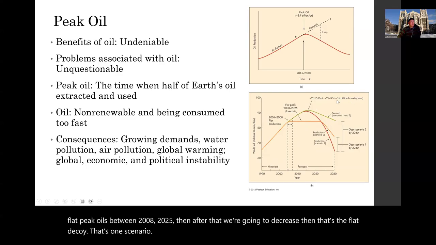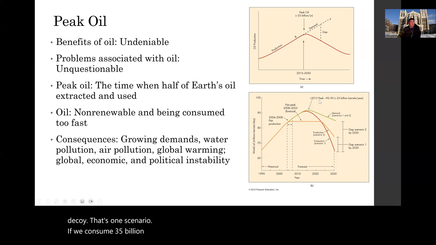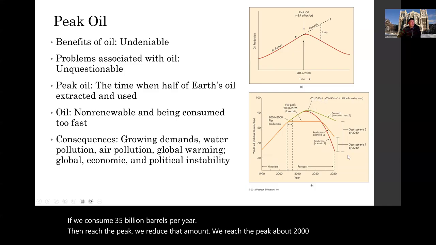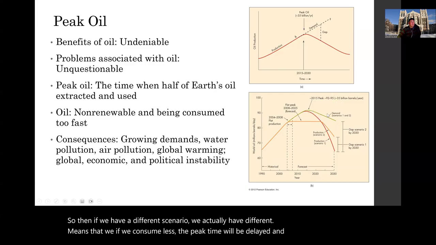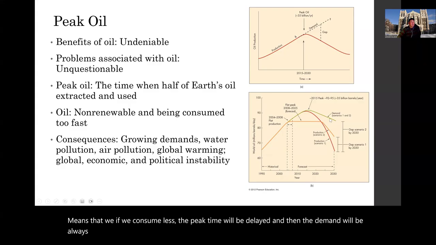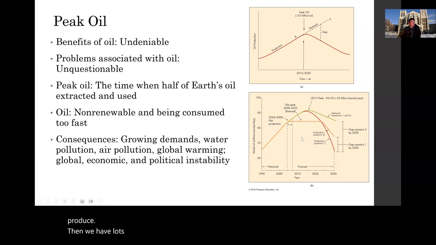If we consume 35 billion barrels per year, then we'll reach the peak. If we reduce that amount, we reach the peak about 2015. So the rule of thumb is that if we consume less, the peak time will be delayed. And the demand will always follow the production, but with a gap. Demand is more than what we produce. Then we have lots of different kinds of problems.